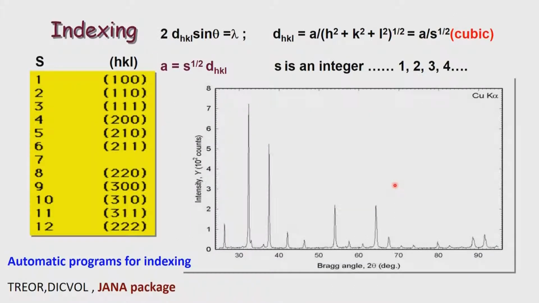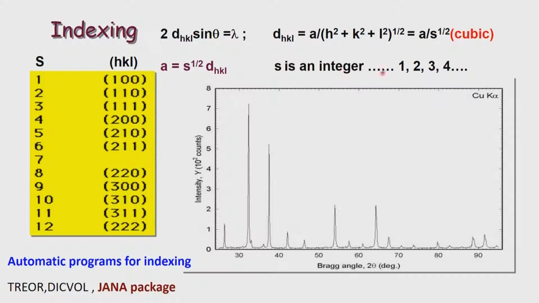Let us take this example which is given here. This is the intensity versus 2 theta. So, we take this example to show how the indexing process is done. So, what we do is we have of course 2d sin theta = lambda, from which we can write d(hkl) in this particular form, where S is the value of h² + k² + l².